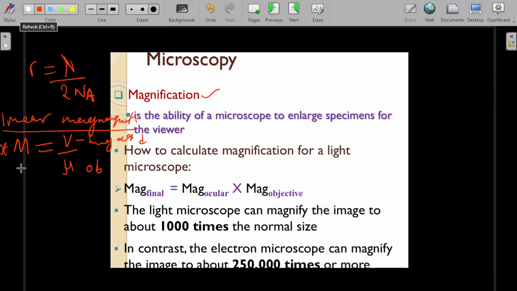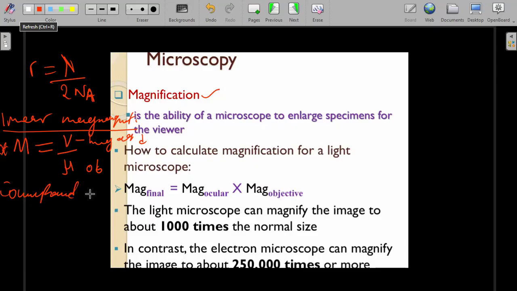Okay, so you can also get your magnification from a compound microscope, like the one we've been given here. So this is the magnification for a compound microscope.